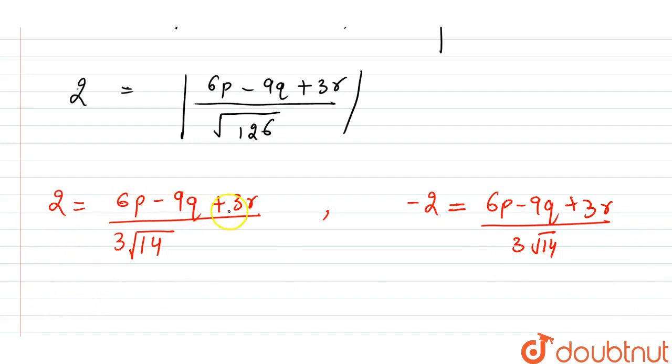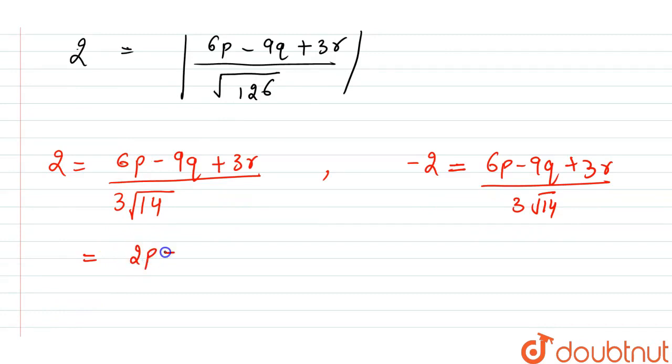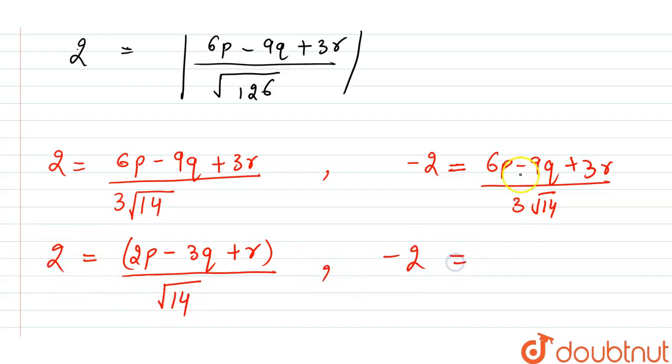We can take 3 common from here. So this will be 2p minus 3q plus r divided by under root 14, and that 3 will cancel out with the 3 in the denominator, equal to 2. And similarly, for the other case, this will be 2p minus 3q plus r divided by under root 14.